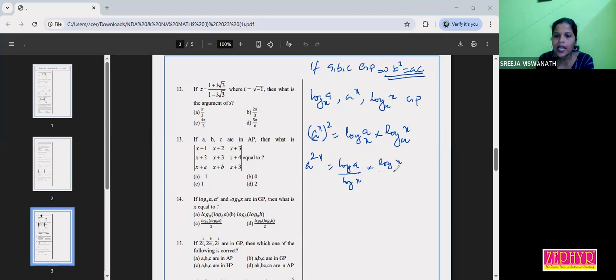Here log x by log a. Sorry, this is b. The second term has base b. So log x and log x are cancelled. A raised to 2x is equal to log a by log b. That is log a to the base b.